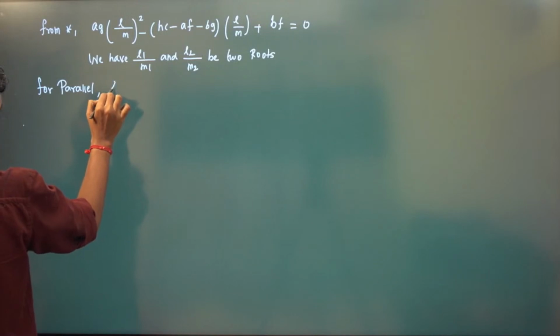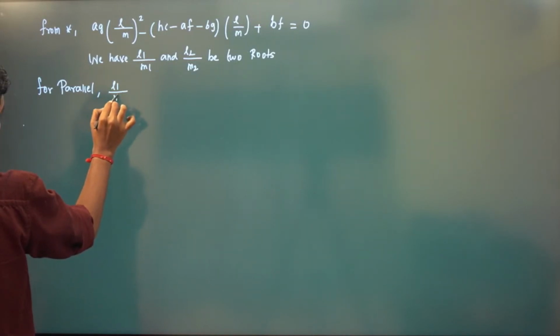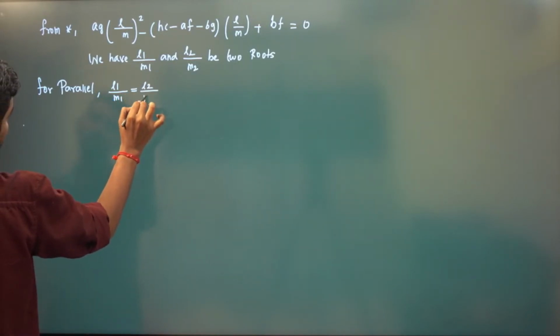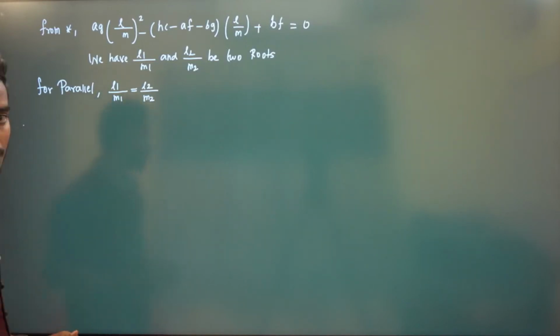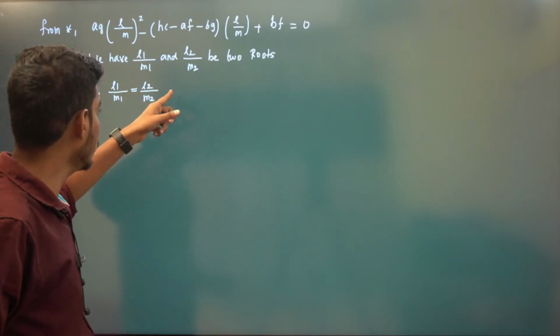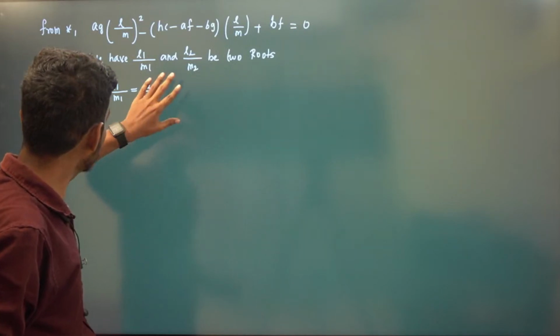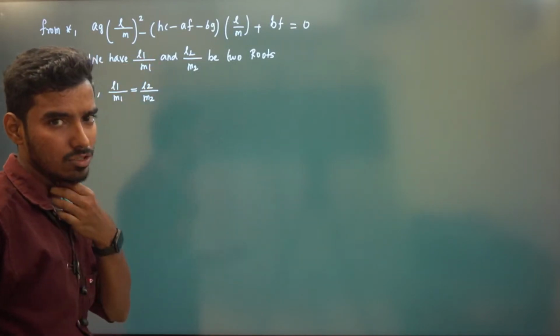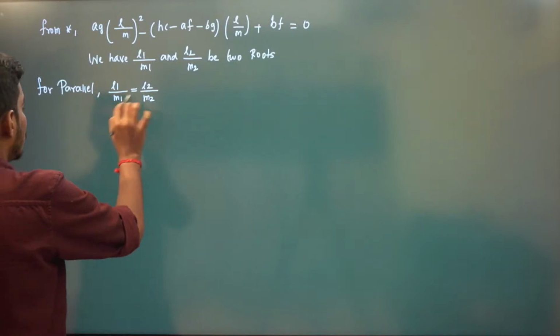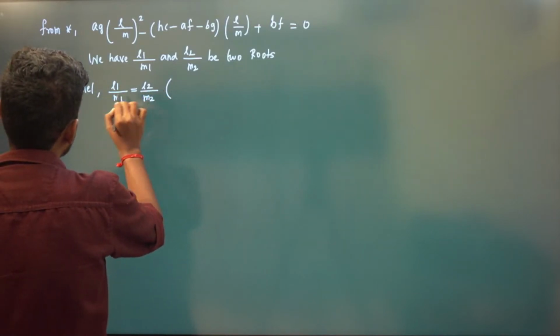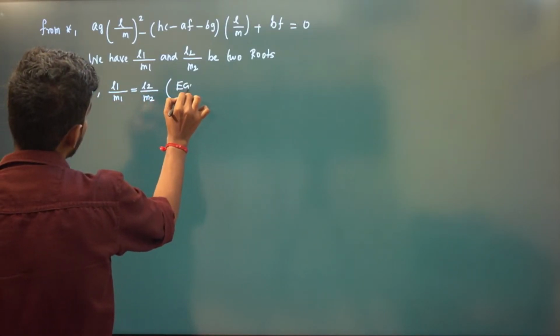So for parallel, the roots have to be the same. It has to be equal to L1 by L2, and also equal to N1 by M1. That is not a problem. That means equal roots. It should have equal roots.